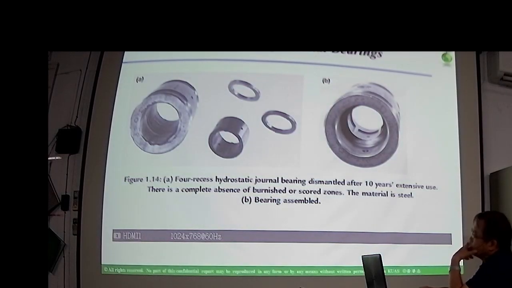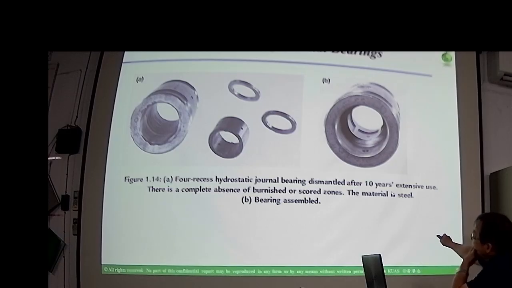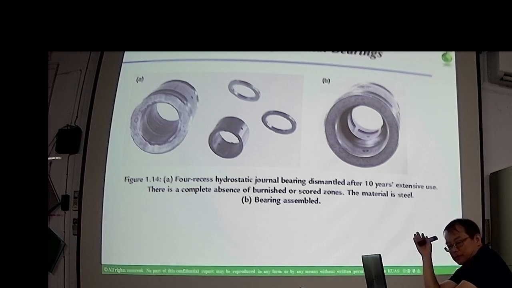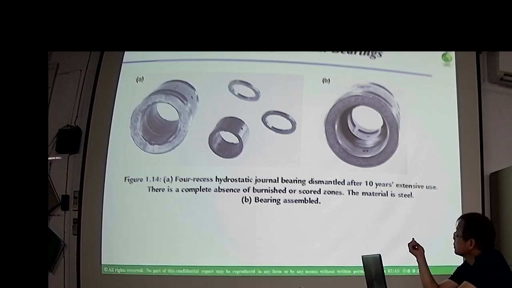So normally the material for the bearing body is mild steel. Okay. 大部分都是中碳钢, both for the thrust and journal bearing.